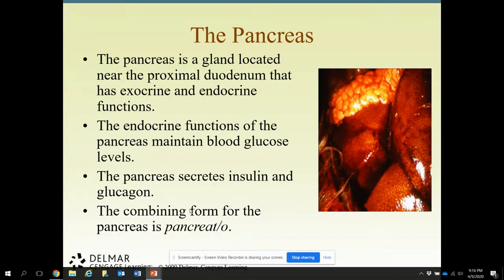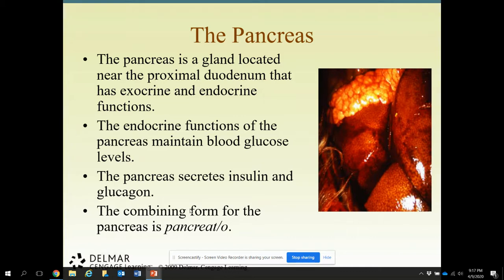Then the pancreas, so this goes back to the digestive system. We were talking about the pancreas is a gland located near the proximal duodenum. So that's the first part of the small intestine, that has exocrine and endocrine functions. The endocrine function of the pancreas is maintaining the blood glucose levels, kind of keeping us at an even keel so we don't get those big spikes when we eat a bunch of sugar.